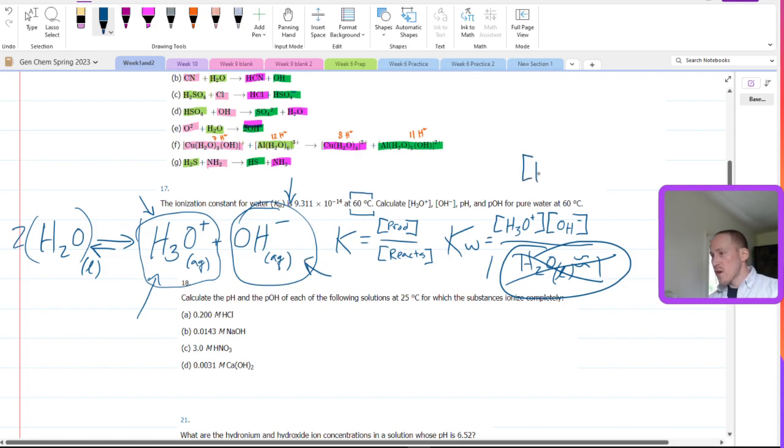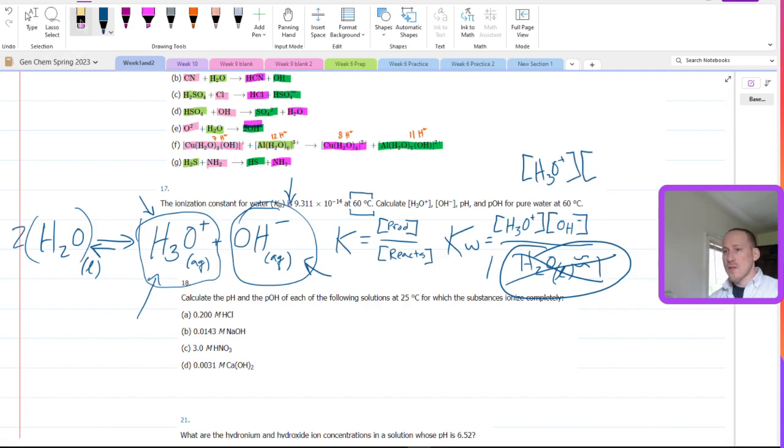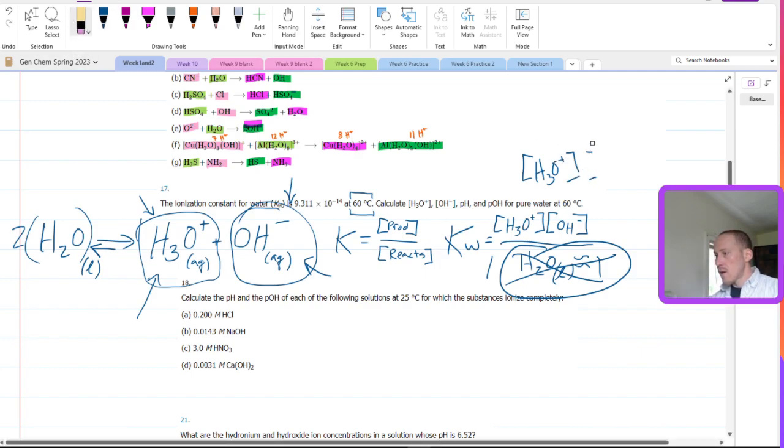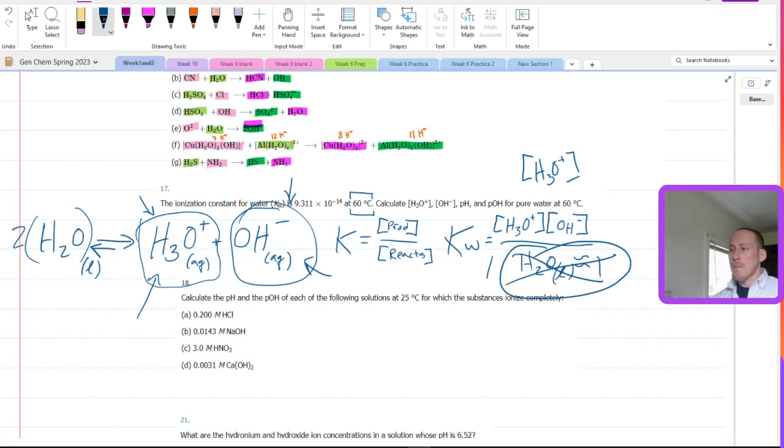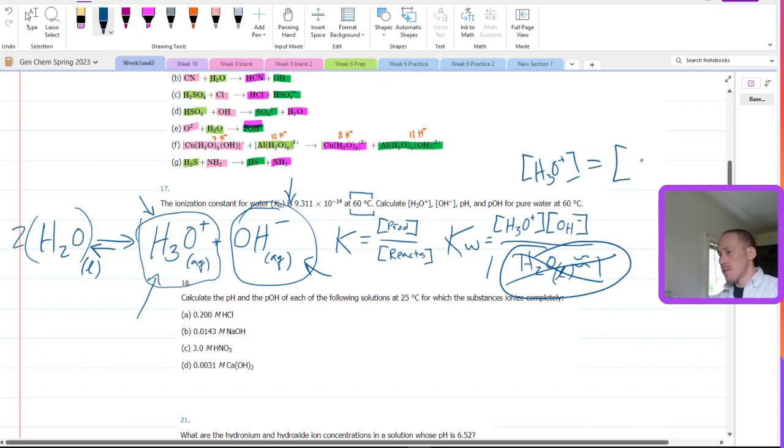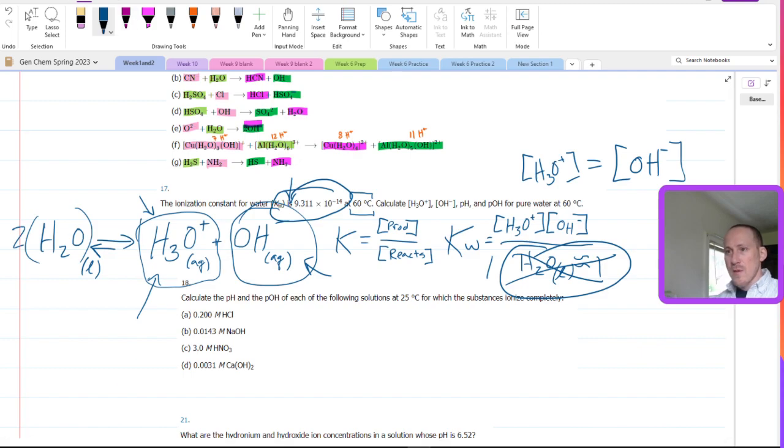So the concentration of hydronium and hydroxide should equal each other at any given moment, because otherwise you have just a bunch of water. And we do have a bunch of water. That's the thing. Look at this Kw. So this is what this whole Kw thing means here.